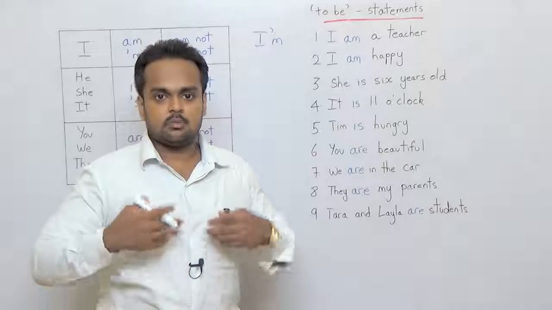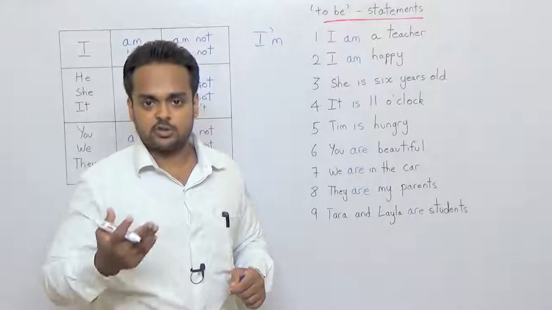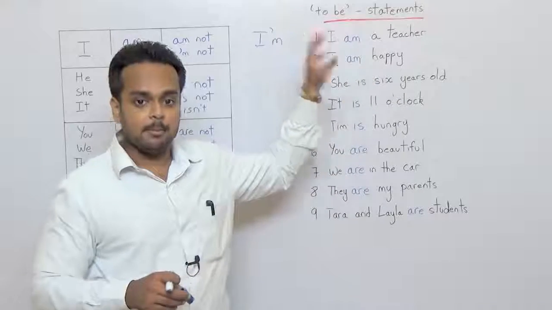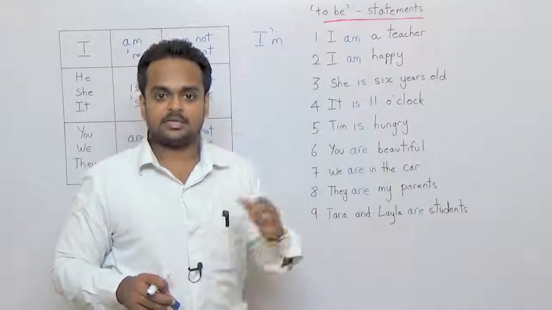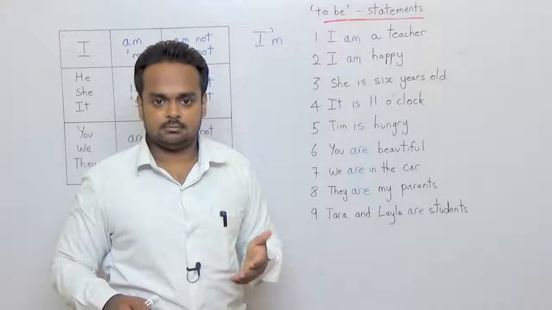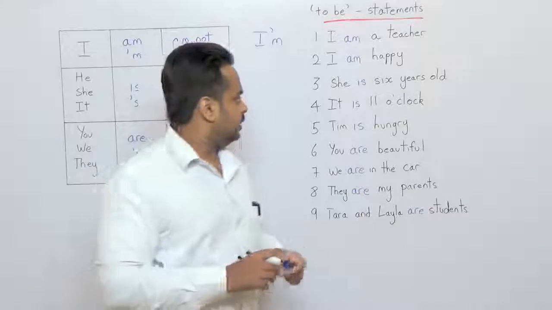That is the more natural way of saying it. That's how native speakers speak. I'm a teacher. And the focus is on teacher because that is the main information in the sentence. Over here, I'm happy.